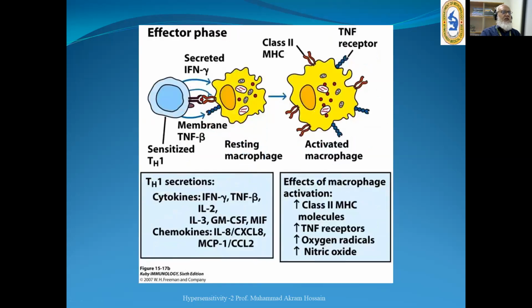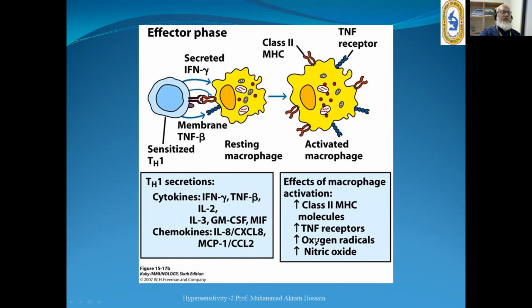In the effector phase, the sensitized Th1 cells secrete gamma interferon and TNF beta, and they activate the macrophages.